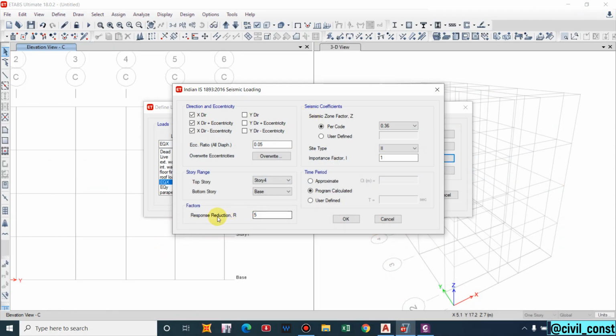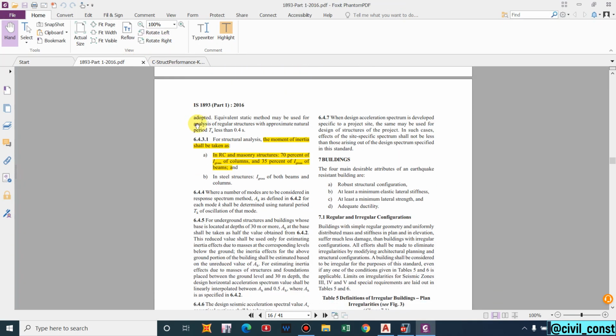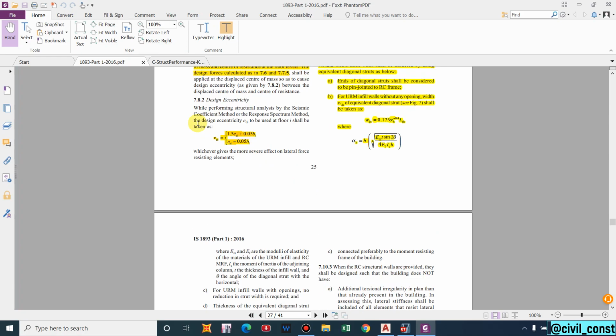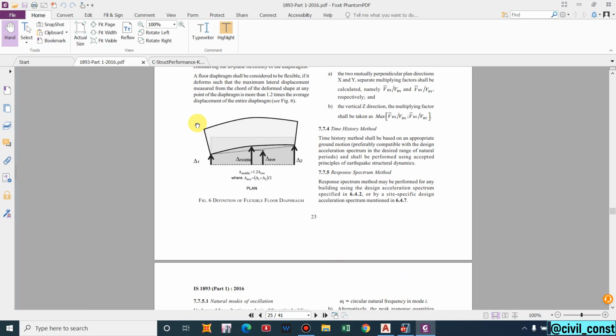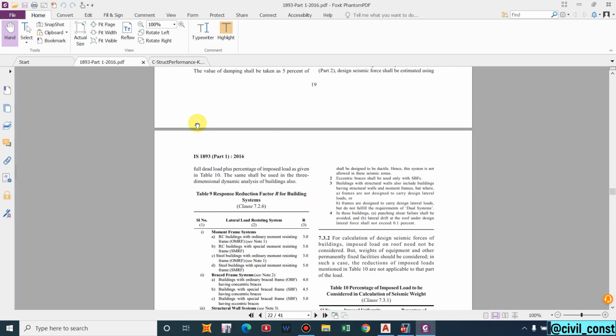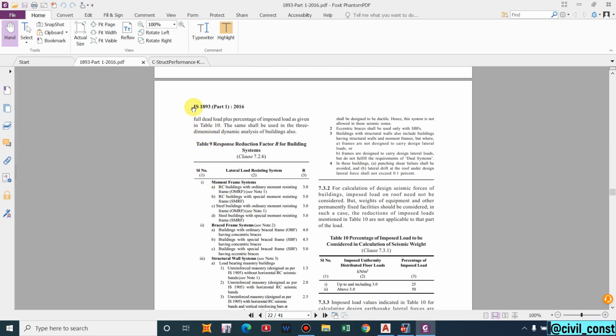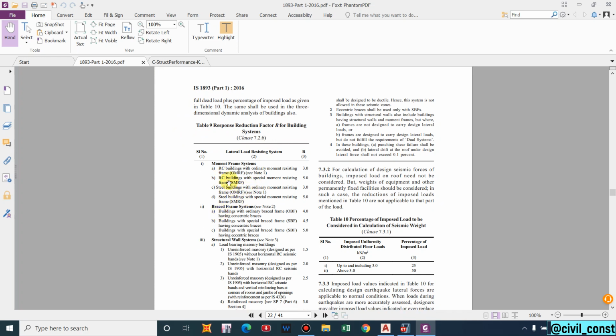Response reduction factor 5, because this is an SMRF building, that is special moment resisting frame. This is also from our code. Let me show you. In IS 1893 part 1 2016, the response reduction factor for a building with special moment resisting frame, that is ductile detailing, is taken as 5, and for OMRF, that is without ductile detailing, it is taken as 3.